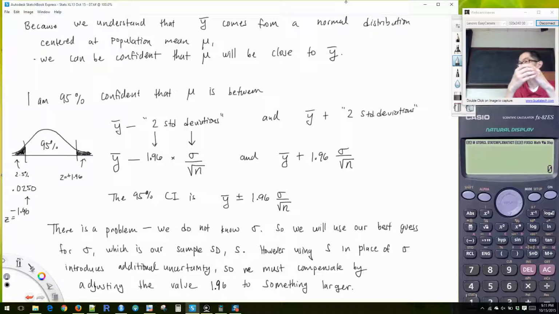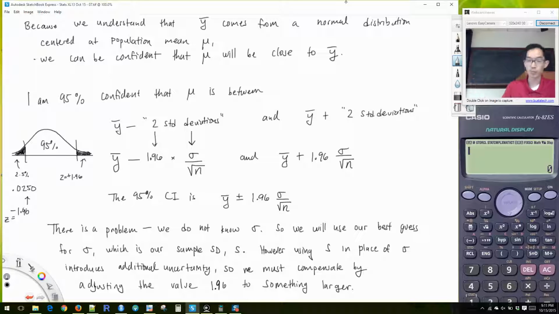So I have more uncertainty if my sample size is small than if it is large, and the t-distribution takes that into account. When you have a big sample size, the adjustment factor from 1.96 is pretty small. If you have a small sample size, you adjust from 1.96 to something much greater.